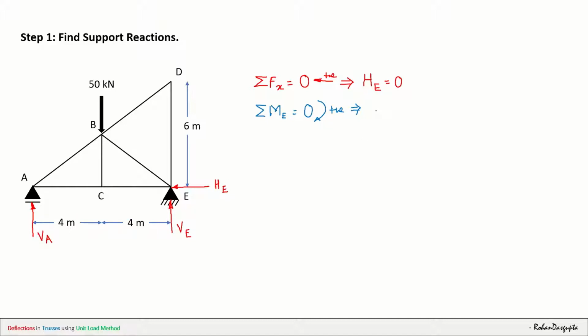So I can directly write VA into 8. Then here we have this 50 kilonewton acting in the downward direction. So therefore this will cause a negative, that is anti-clockwise moment. So minus 50 multiplied by 4 is equals to 0, or we can find that VA is equals to 25 kilonewton.